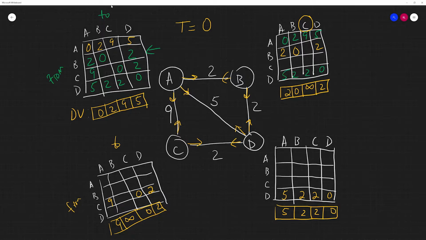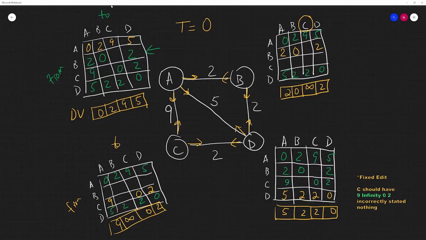Over here, from A, I receive 0, 2, 9, 5. From B, I don't receive anything. And from D, I receive 5, 2, 2, 0. From A, I receive 0, 2, 9, 5. From B, I receive 2, 0, infinity, 2. And from C, I receive nothing.